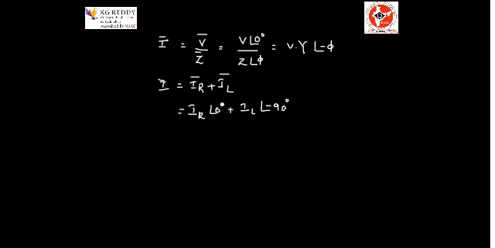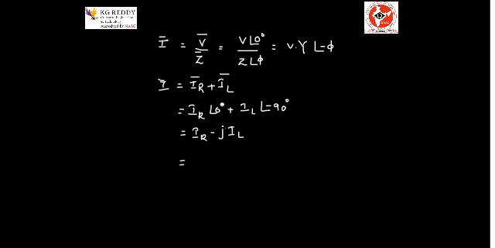So this I can write as IR minus JXL, not JXL, sorry, IR minus JIL. Here we have J into IL, because of this minus 90 degrees we are getting the negative.